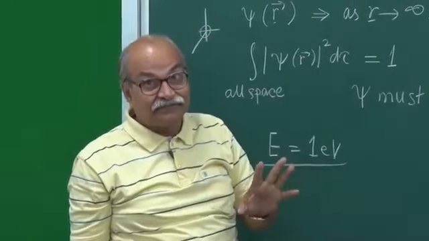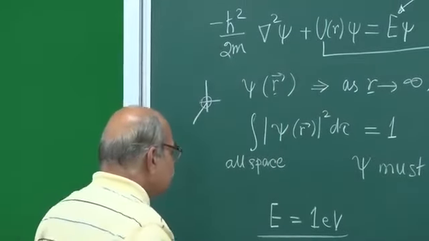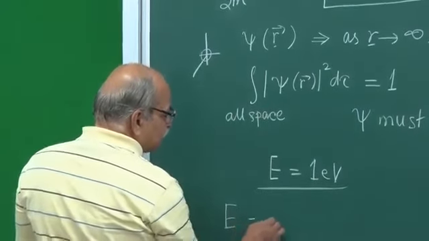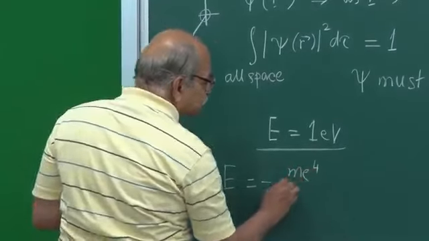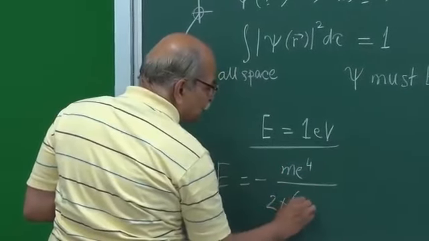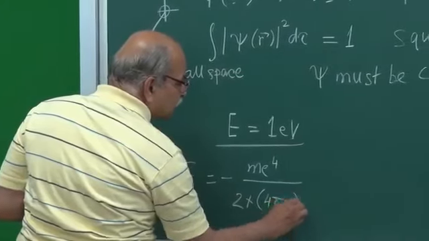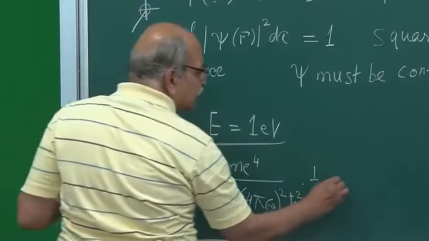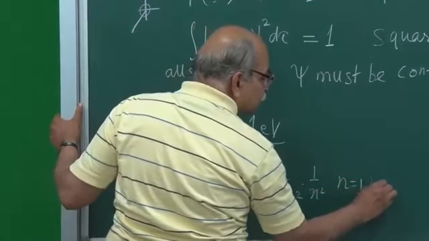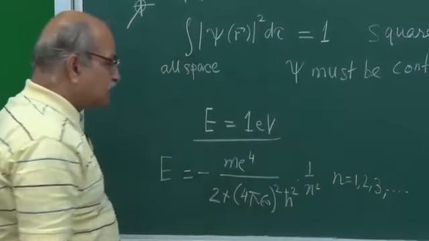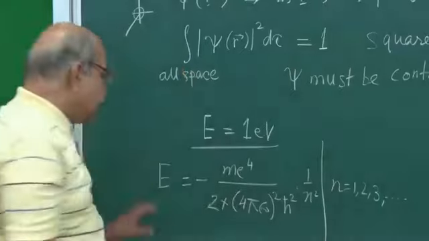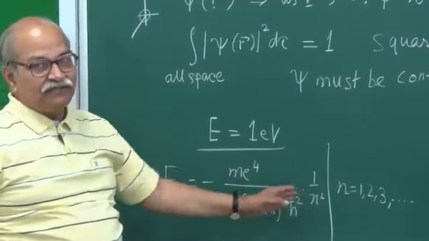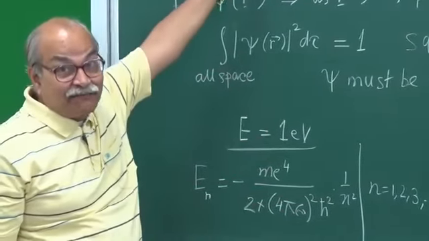So that's the first thing. In this particular case, it turns out that those energies are given by minus m e to the fourth divided by 2 into (4 pi epsilon naught) squared h cross squared, times 1 by n squared, where n is equal to 1, 2, 3 and so on, some positive integer. Only for these values of energy, which you can write as E_n, are there functional forms psi.